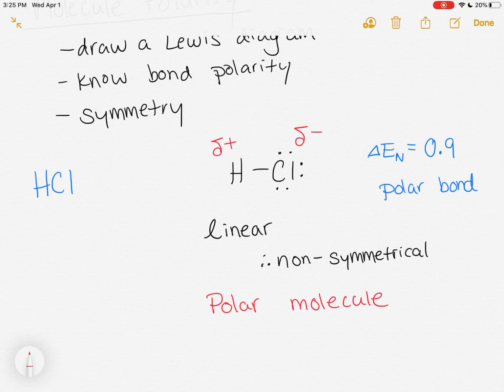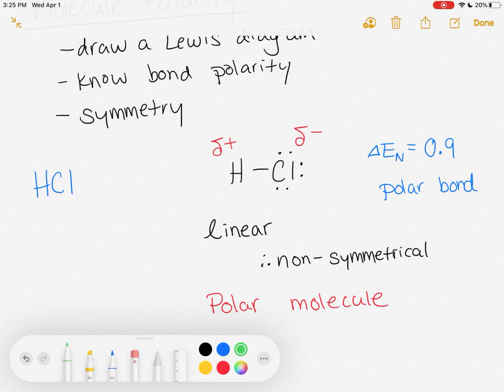Okay, so let's just go through the steps that we used to determine whether this was a polar molecule. So the first thing we did is we drew this Lewis diagram. Then we figured out whether our bond was nonpolar, polar, or ionic. So we determined we had a polar bond. We figured out what the shape of the molecule was, so it was a linear shape. And we knew that our linear shape is non-symmetrical.